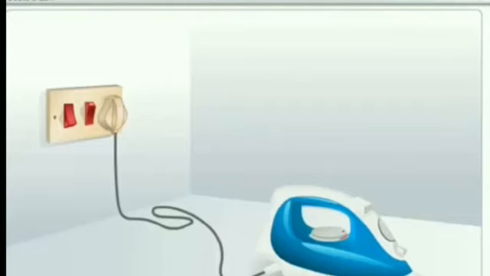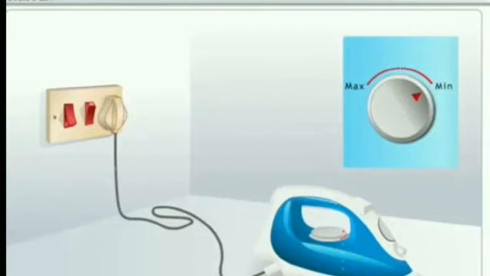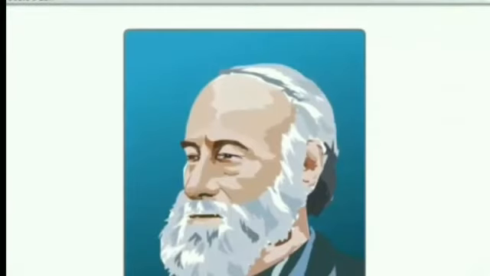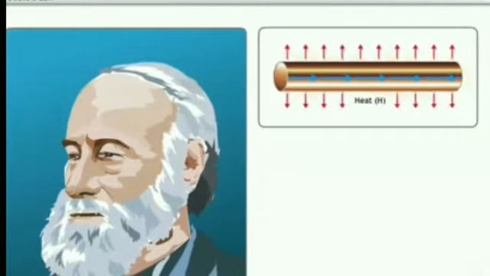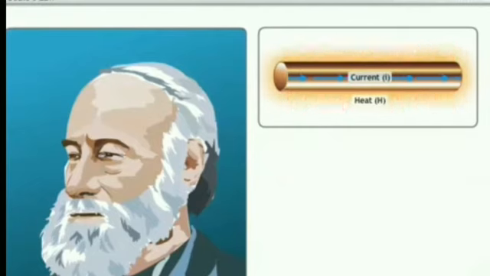We can monitor and regulate the heat produced by an appliance by regulating the current passing through it. British physicist James Prescott Joule established the relationship between heat generated in a conductor and the amount of current flowing through it. This is known as Joule's law of heating.